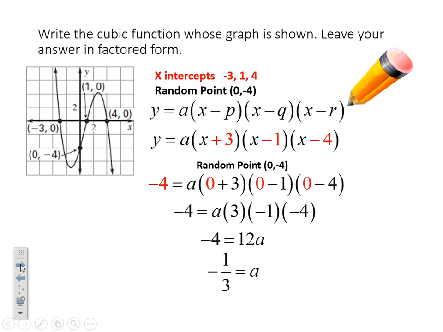Then all we need to do is finish up our function, plug that a back in and finish writing our factors. So y equals -1/3 where the a is, and then (x plus 3)(x minus 1)(x minus 4) to make sure that we have those x-intercepts. Okay, so this is what we're talking about doing today.